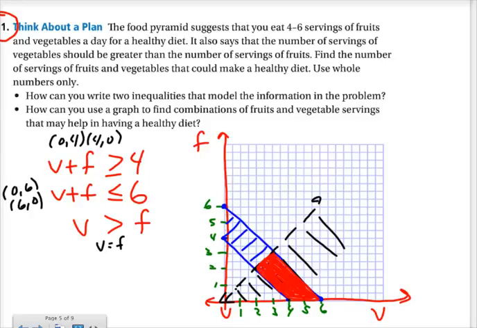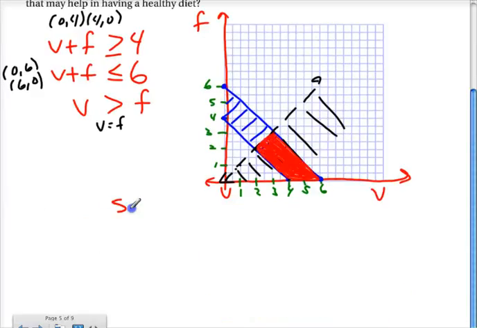And let's see if we can get just a couple of them for you. 5 vegetables and 1 fruit would do that. Other ones that will meet both of those conditions: we could do 4 vegetables and no fruits. I mean, there's a lot of them here, but I'm just going to list a few out.